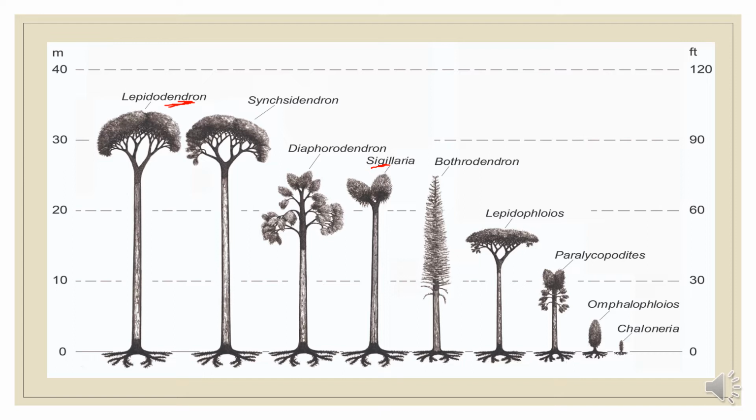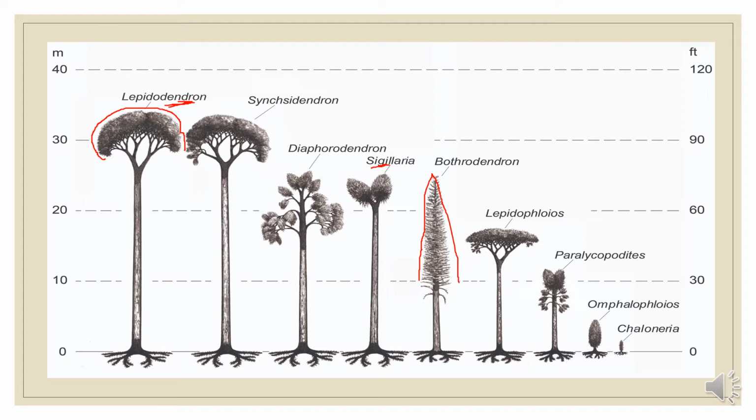Here we see that they have a very long stem, and we see repeated dichotomy, and they have a semicircular crown. Some have a conical crown like that of the conifers.